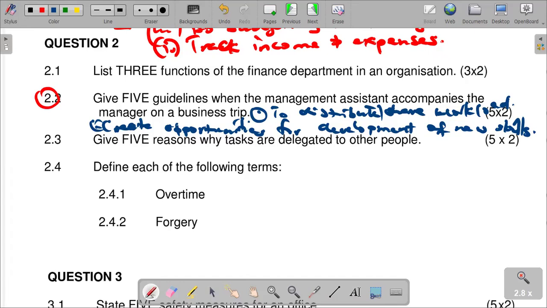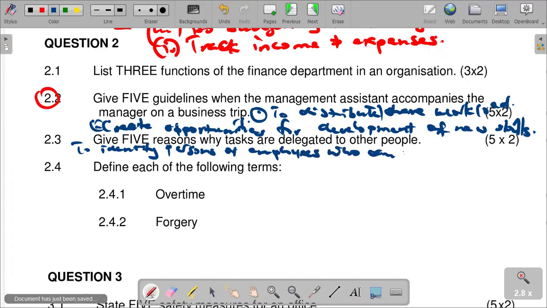It can also be done to ensure that employees are better qualified to do the tasks, to identify employees who can do the tasks better.